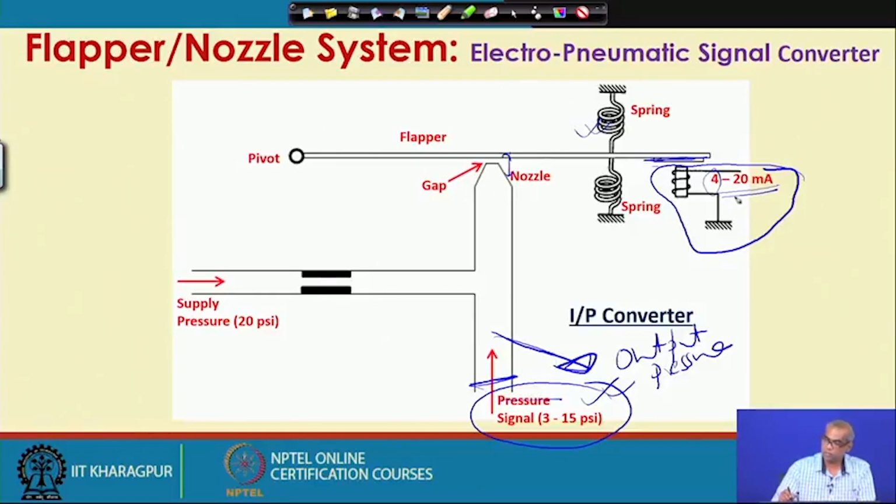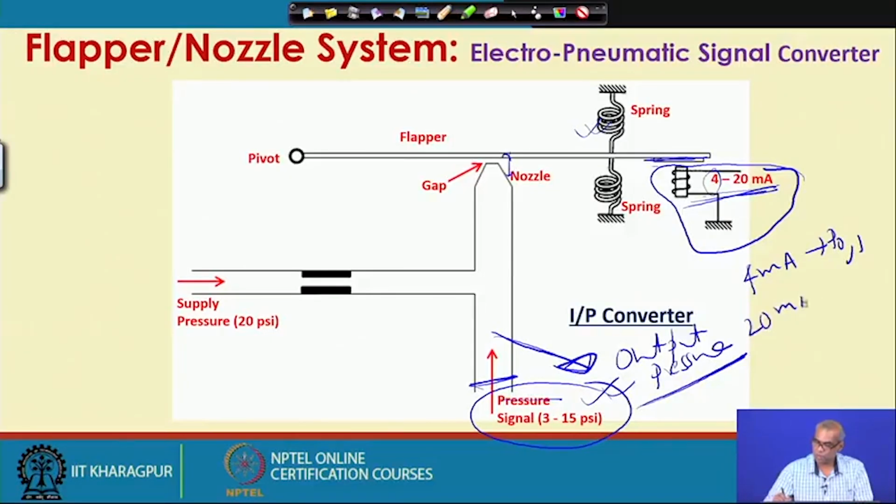So, it is possible to convert the current in the range of 4 to 20 milliampere to different output pressures here. If for 4 milliampere current the output pressure is say P01, and for 20 milliampere current the output pressure is say P02, in between we will have values for output pressure corresponding to in between values for the milliampere current.